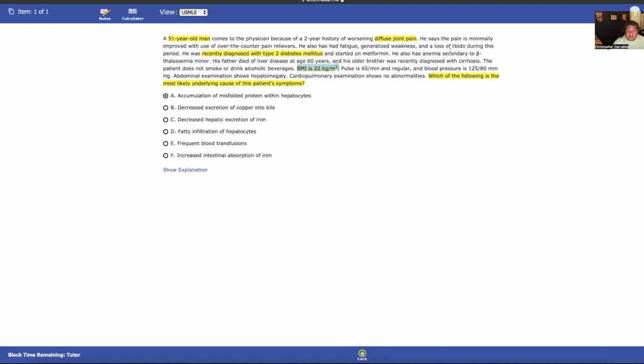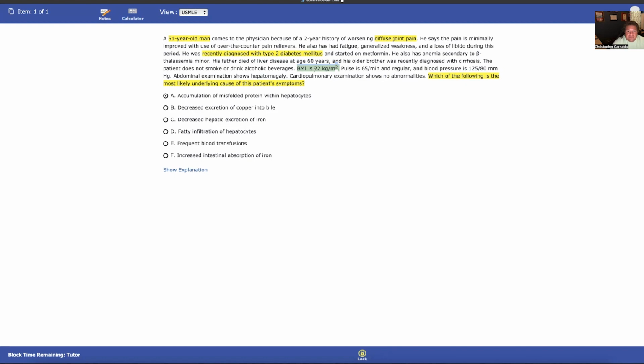Two, the joint pain, the loss of libido, that could fit in as well. Iron deposition in the joints causes arthralgias, while iron deposition in the pituitary can disrupt the normal endocrine system, leading to loss of libido. Does it fit with the type 2 diabetes and a normal BMI? Absolutely. Iron deposition in the pancreas can impact my production of insulin, thereby leading to that.